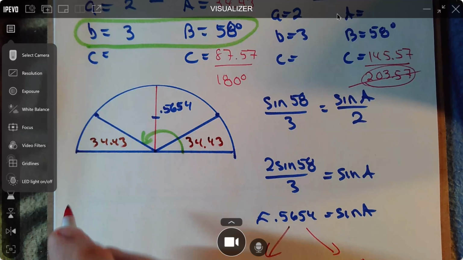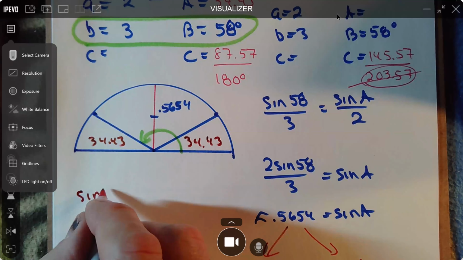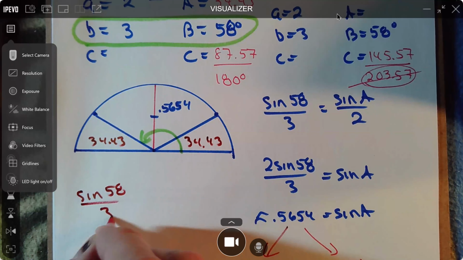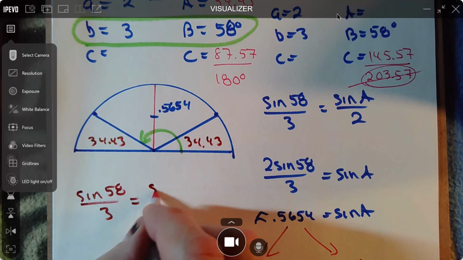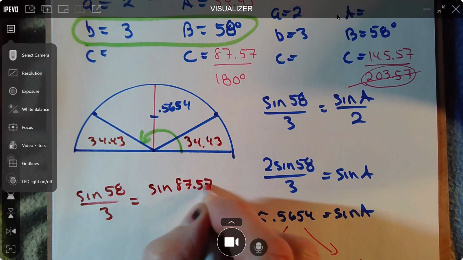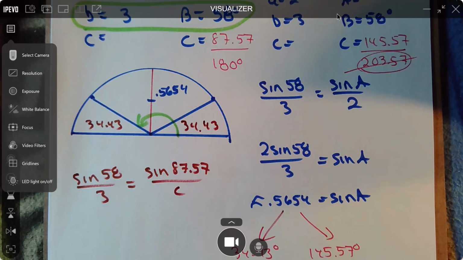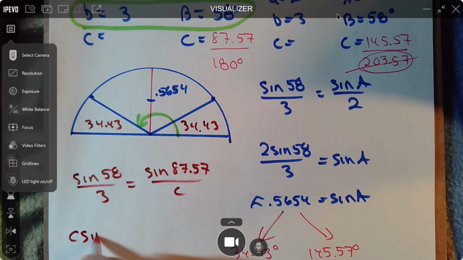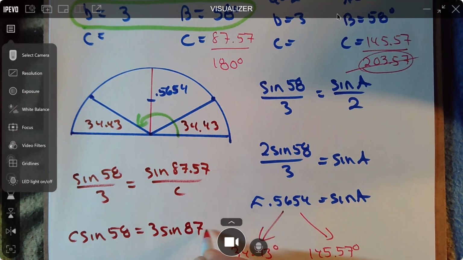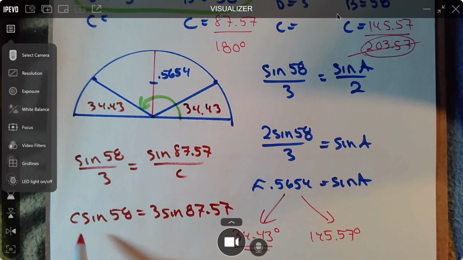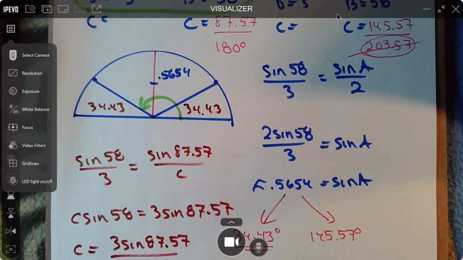That's going to be sine of 58 over 3 equals sine of 87.57 over C. Multiply both sides by C, sine of 58 equals 3 sine of 87.57. Then divide by sine of 58, C equals 3 sine of 87.57 over sine of 58.